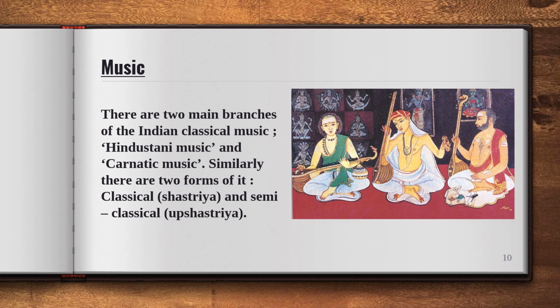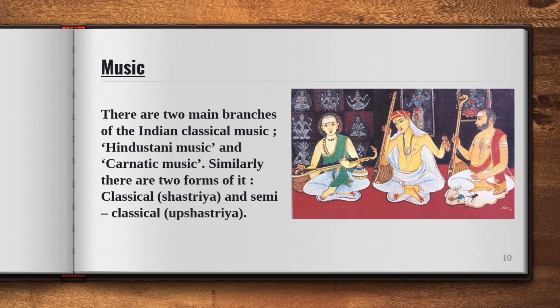There were two main branches of Indian classical music: Hindustani music, also known as the North Indian tradition of classical music, and Carnatic music, also known as the South Indian tradition of classical music.